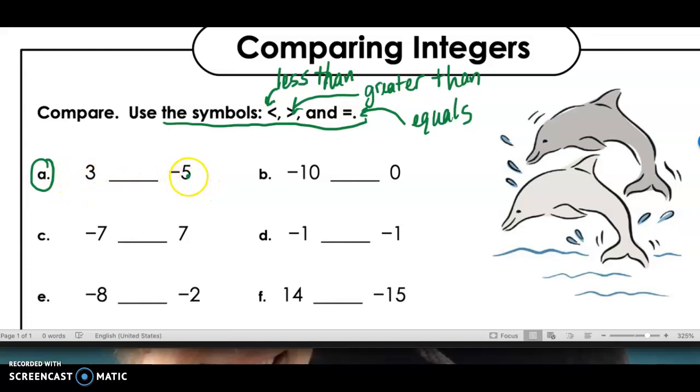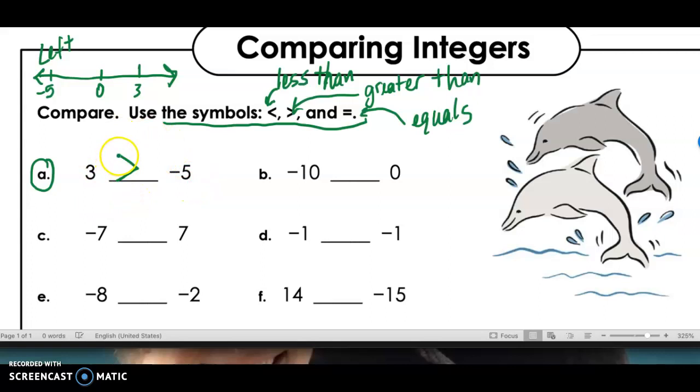But that negative sign messes us up. It throws -5 on the other end of the number line. So if you draw a quick number line, here's 0. Always put your 0. Then 3 is to the right, and -5 is over here in the negative numbers, to the left. Left always means less than. It is smaller. So in this case, 3 is greater than -5.